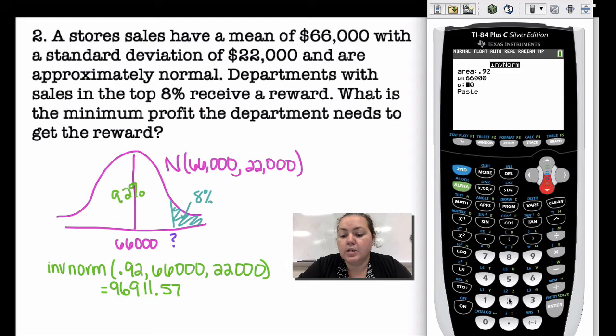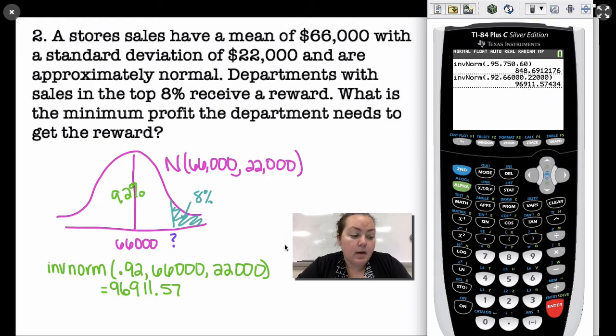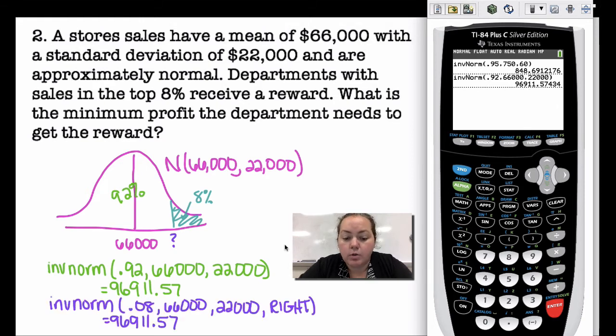My standard deviation is 22,000. Paste. And we get our answer of 96,911.57. If your calculator is newer and has the updated operating system, you can just put in 0.08 and then choose right, since I have 8% to the right shaded, and you'll get the same answer.